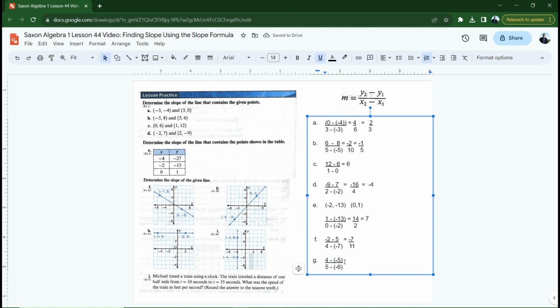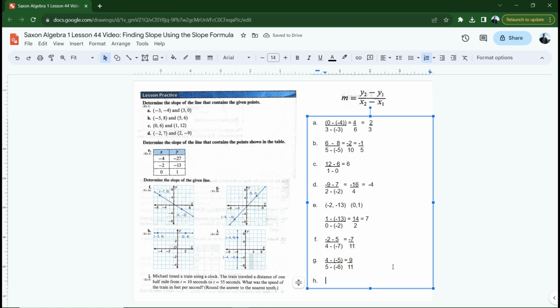I see I'm going to have an 11 in my denominator again. That means that's a prime number, so it's probably not going to simplify. So 4 minus a negative is plus. 4 plus 5 is 9. And this is going to be 9 over, and then 5 plus 6 is 11, 9 over 11.